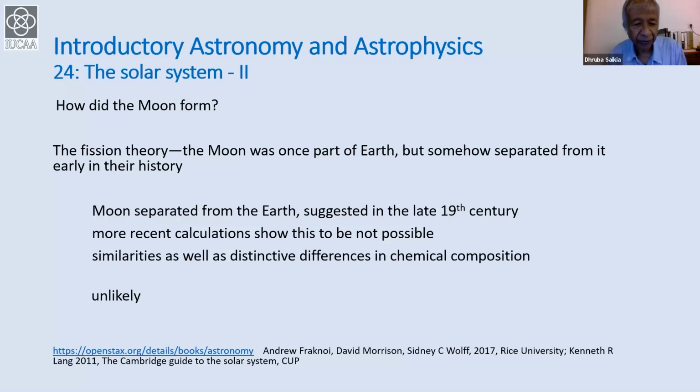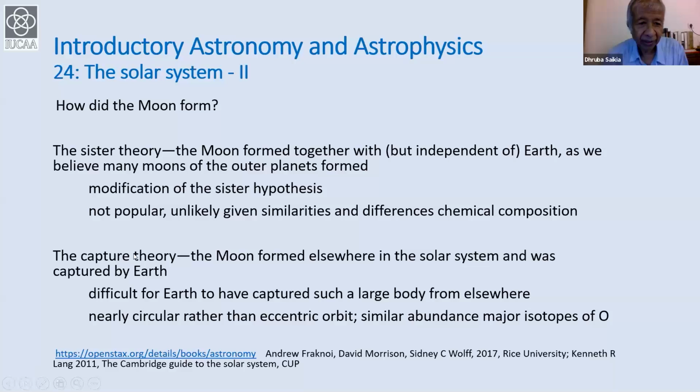Also, there are some distinct differences, but we need to understand why the differences are there and why the similarities are there as well. If it is exactly the same material we separated out, then everything should be the same. But there are differences. The sister theory, the Moon formed together, but independent of the Earth, as we believe many moons of the outer planets formed.